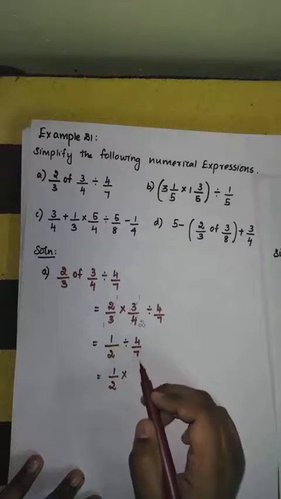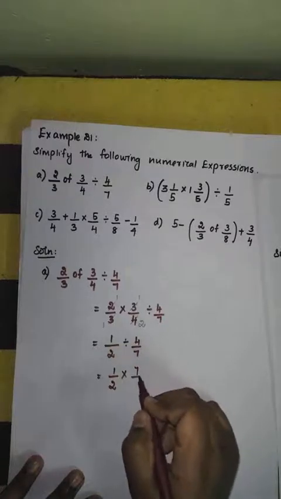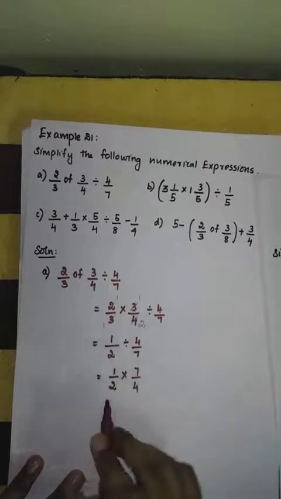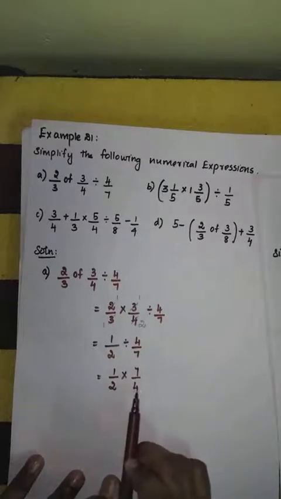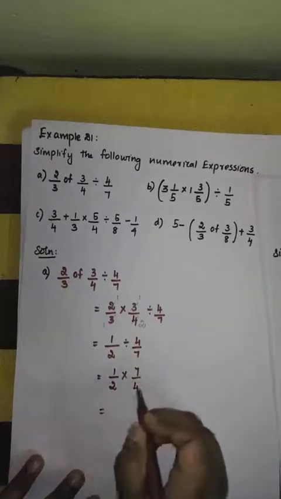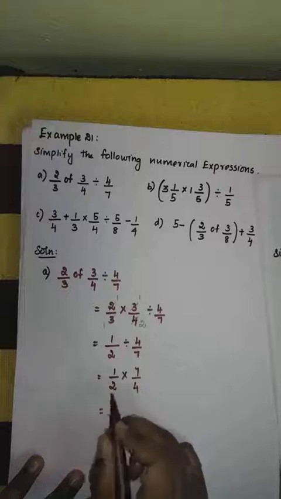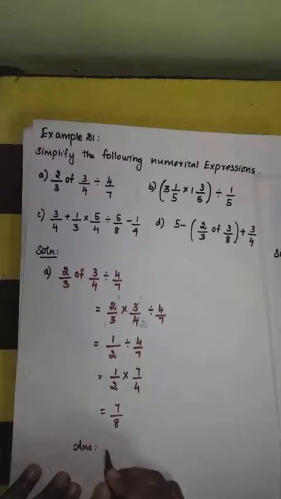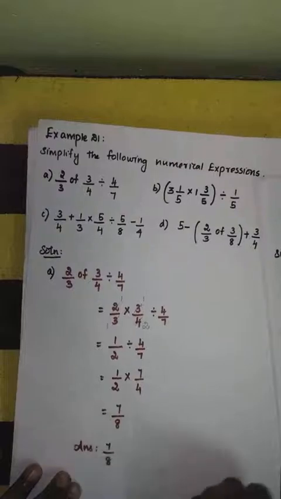The reciprocal of 4 by 7 is 7 by 4. Check whether any common factors are there. No common factors, so multiply the numbers and write the answer. 1 into 7 is 7. 2 into 4 is 8. So your answer is 7 by 8. Clear?